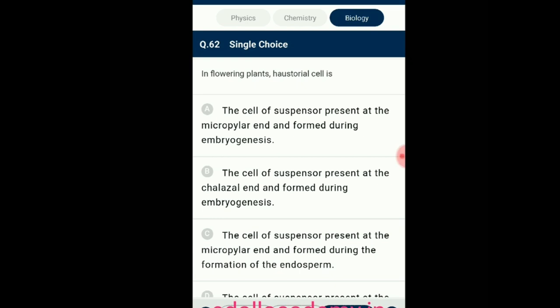The main function of suspensor is to push the developing embryo into food-laden endosperm to provide nutrition. The micropylar cell of the suspensor swells up and is known as haustorial cell. So the answer for this question is option A. The cell of suspensor present at the micropylar end and formed during embryogenesis.